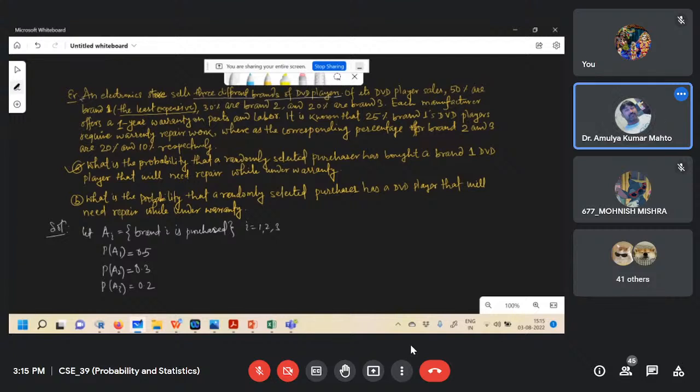Now, the second scenario is that these brands are giving one more piece of data: 25% of brand 1 DVD players required warranty repair, whereas 20% of brand 2 and 10% of brand 3 DVD players actually require repair.